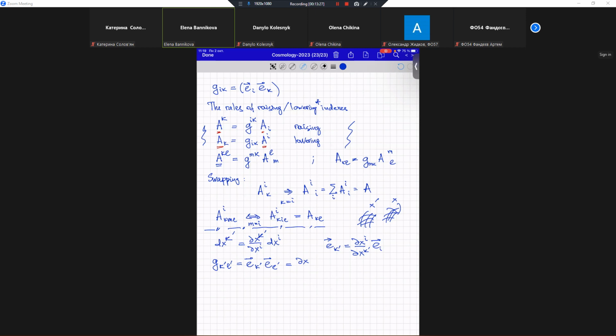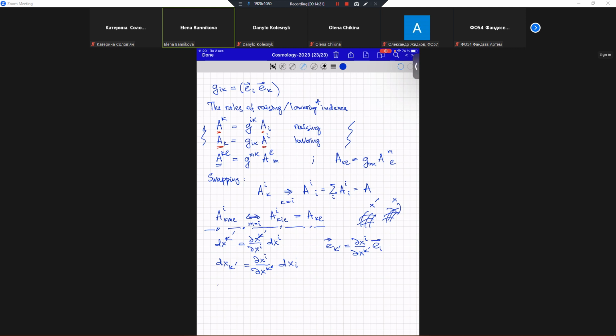I put this for the lower index. It doesn't matter whether I consider covariant or contravariant components.